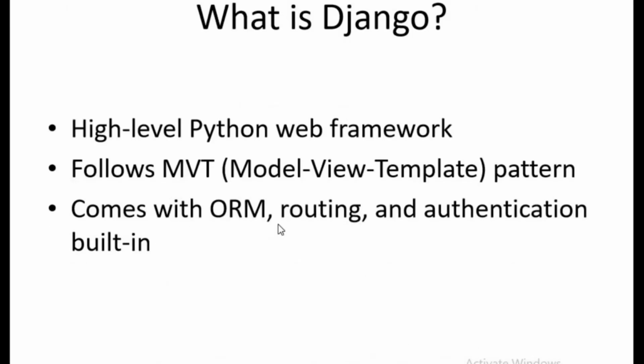So what is Django? Django is a high-level Python web framework. It is used for website development or software development. And Django follows MVT, which stands for Model View Template pattern. And it comes with ORM, routing and authentication built in. Now ORM stands for Object Relational Mapper.